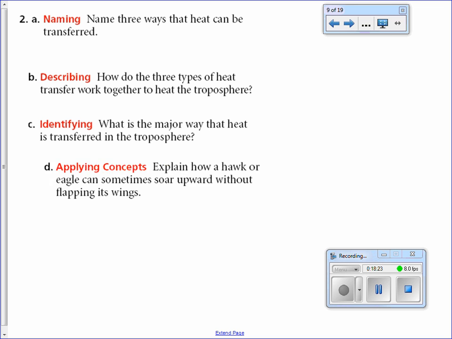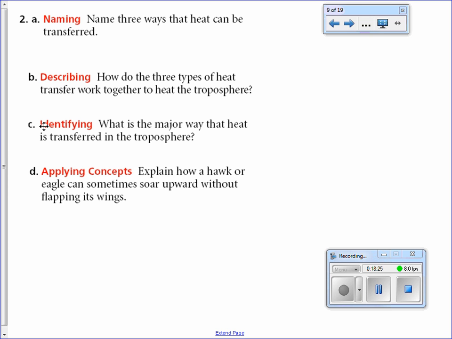How can a hawk or eagle or turkey vulture just have its wings still? They're not flapping. How can it go upwards? Yes, it can. No, not momentum. Yes, thank you. Somebody said because hot air rises.